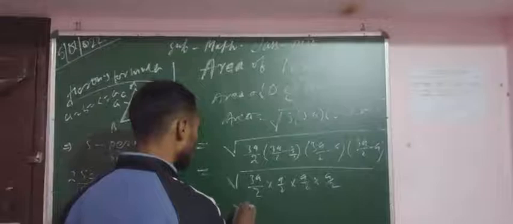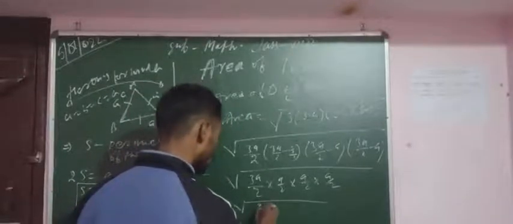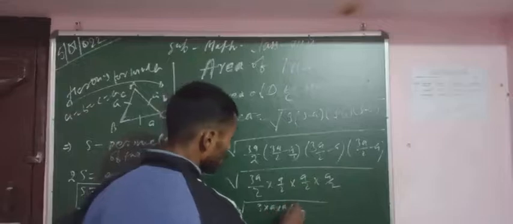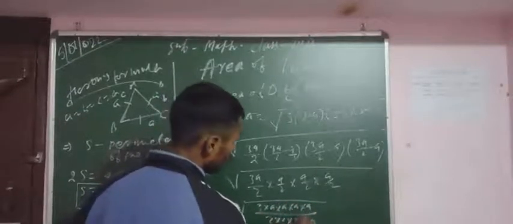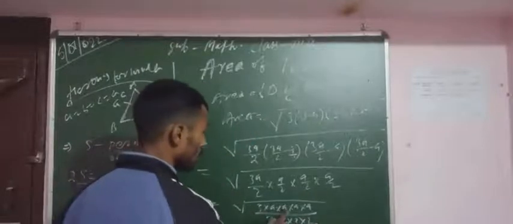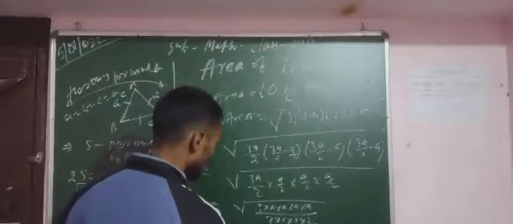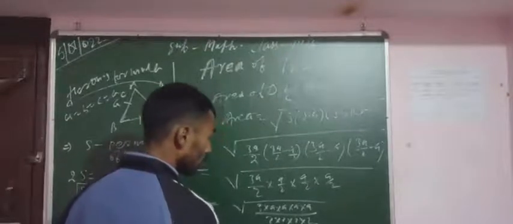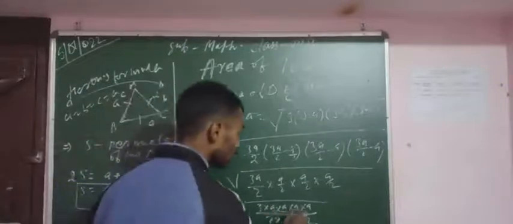That means what? The root under 3 into a into a into a into a by 2 into 2 into 2 into 2. Okay? This will be equal to what? a into a by 2 into 2 root under 3. Root under 3. Why? Because it's a pair now.